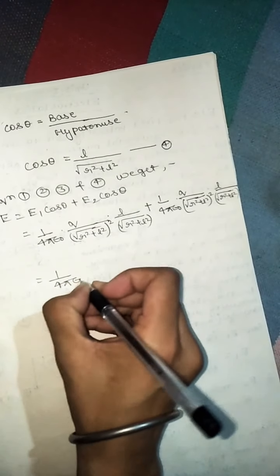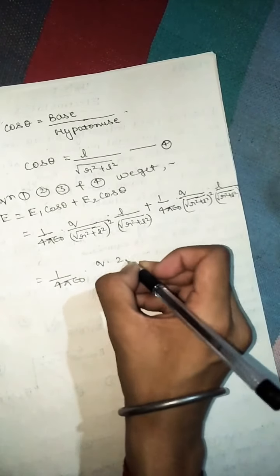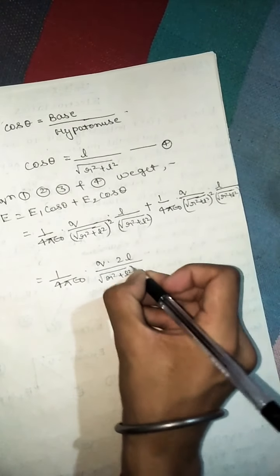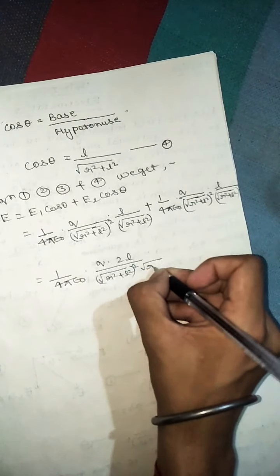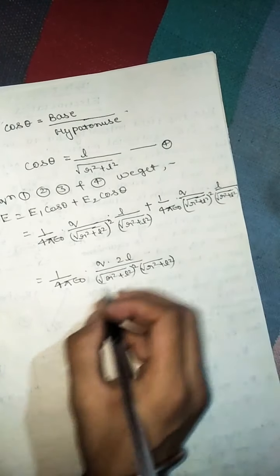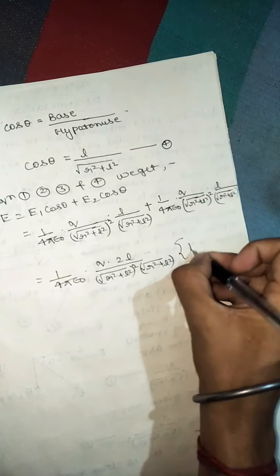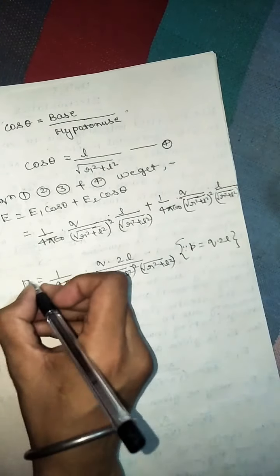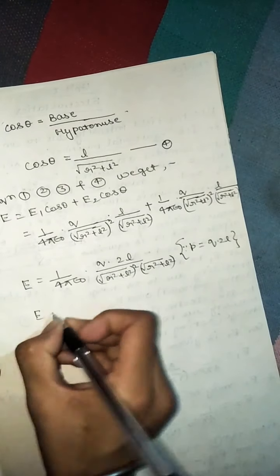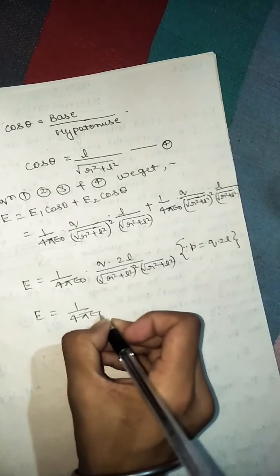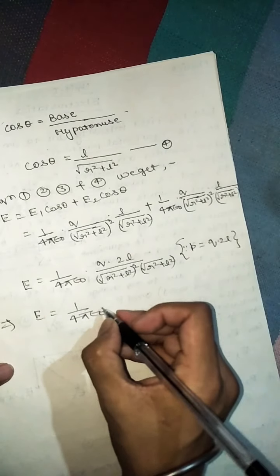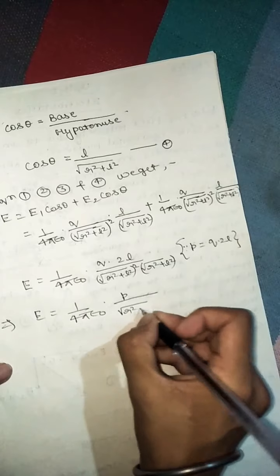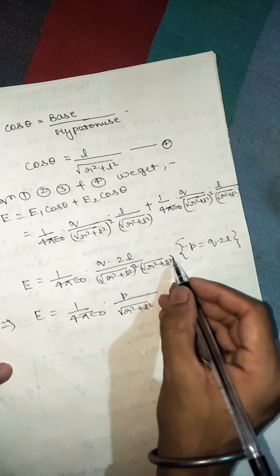1 upon 4 pi epsilon naught q, and 2 can be written here, r square plus l square whole square, and under root r square plus l square. This can be written like what? p is equal to q dot 2l, as we know the electric dipole moment. So this implies that E is equal to 1 upon 4 pi epsilon naught p upon under root r square plus l square, this power 2 and this power 1.